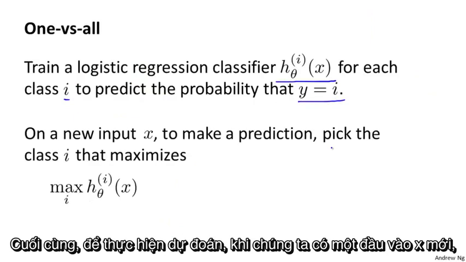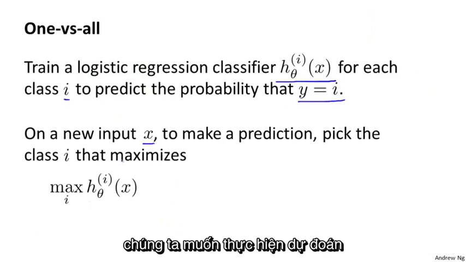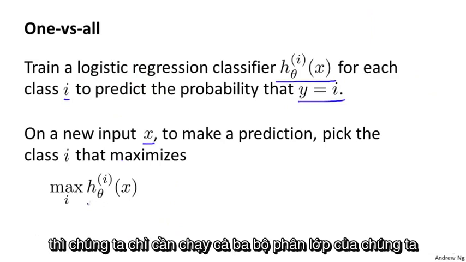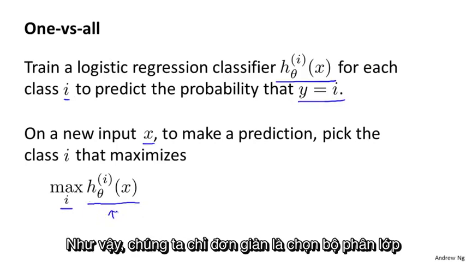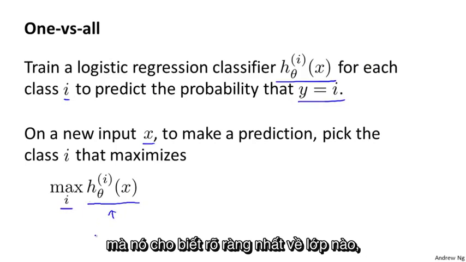Finally, to make a prediction, when we're given a new input x and we want to make a prediction, what we do is we just run all 3 of our classifiers on the input x, and we then pick the class i that maximizes the 3. So we just basically pick whichever one of the 3 classifiers is most confident or sort of most enthusiastically says that it thinks it has the right class.